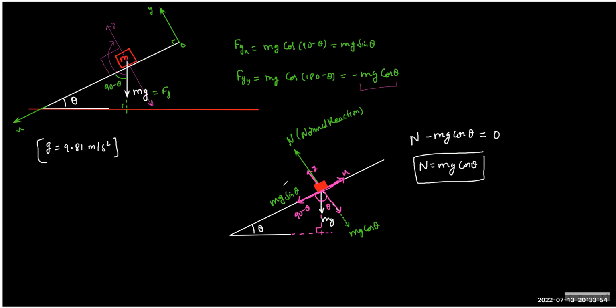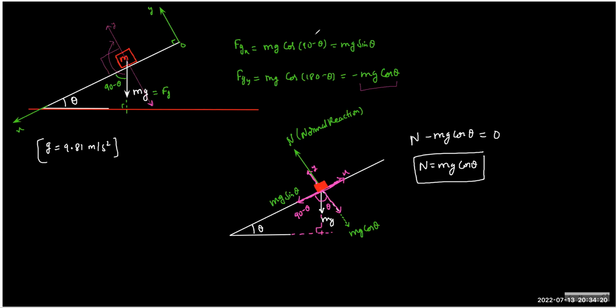Now what about the mg sin theta? Is it balanced? Okay. Before I move forward, tell me guys, will normal and mg cos theta have any effect in the direction of motion of the block?